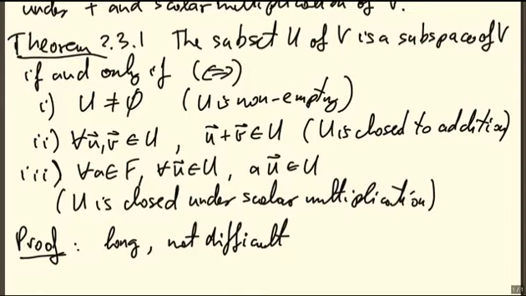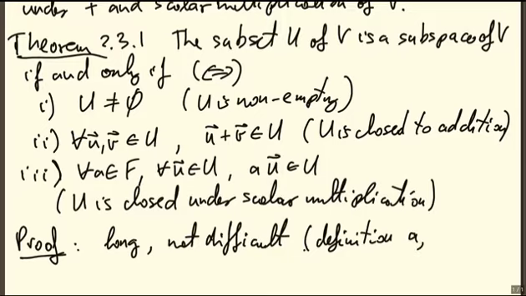The idea is that we're supposed to check all the properties of a vector space, or the defining properties. The definition of a vector space had several parts.